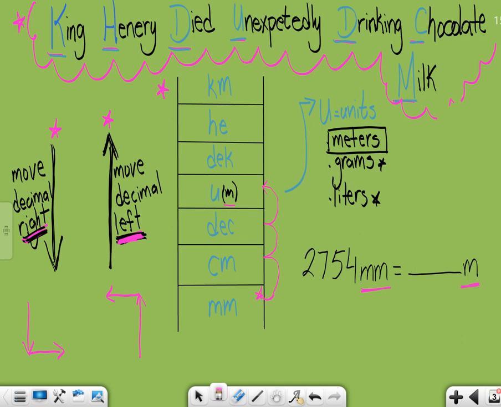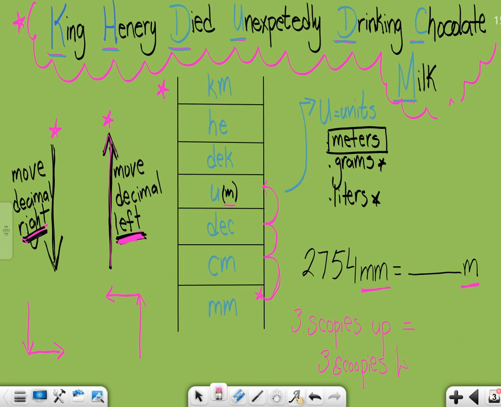So millimeters, we went up 1, 2, 3 Scoobies. 3 Scoobies up equals 3 Scoobies. Let's see, am I going left or right? If I went up this time, I know my decimal is moving to the left.